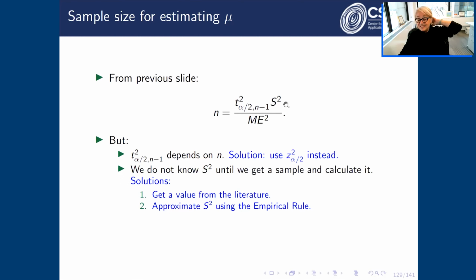And sometimes you have this information from prior studies or prior samples you may have gotten, or from a tiny pilot sample you obtained just to get an estimate of S squared. So the two solutions then is to either get some value from the literature or from your own experience, or to get an approximation to this S squared using what's called the empirical rule.